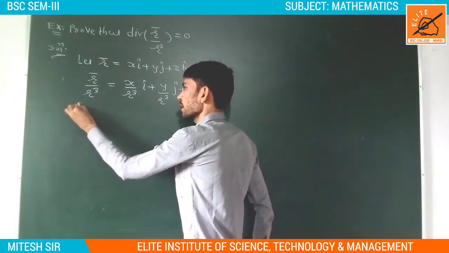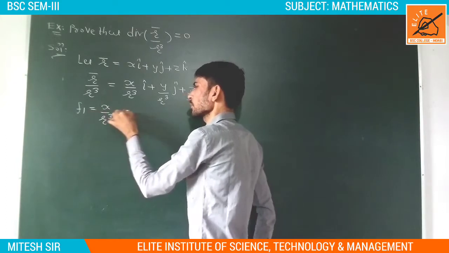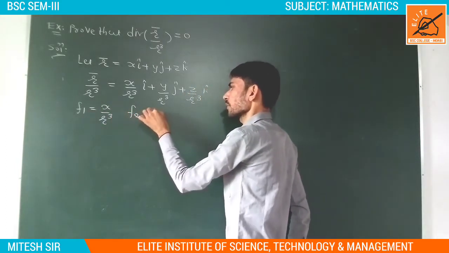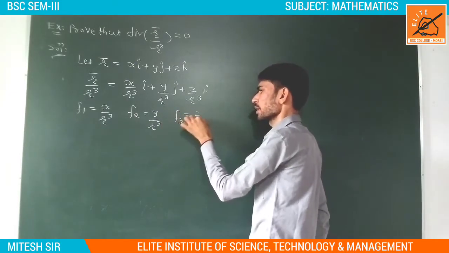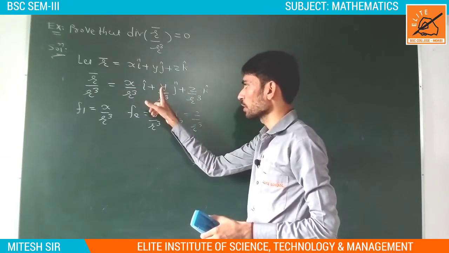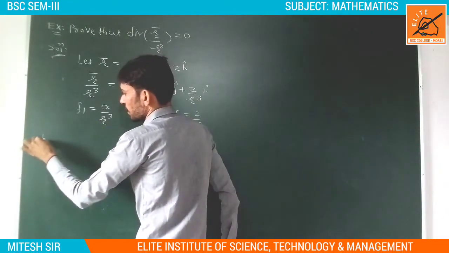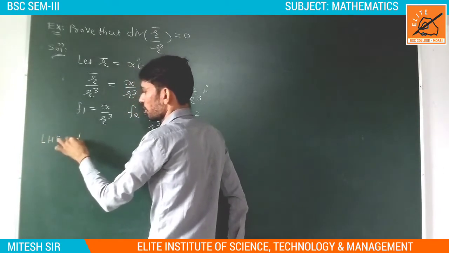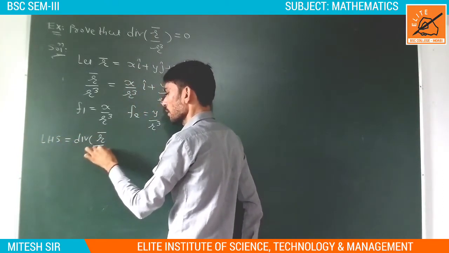So here first of all, f1 is x upon r cube, our f2 term is y upon r cube, our f3 term is z upon r cube. Compare with f1 i cap plus f2 j cap plus f3 k cap. Now we start with the LHS. So LHS is equal to divergence of vector r bar upon r cube.